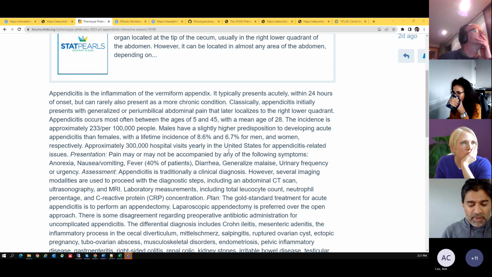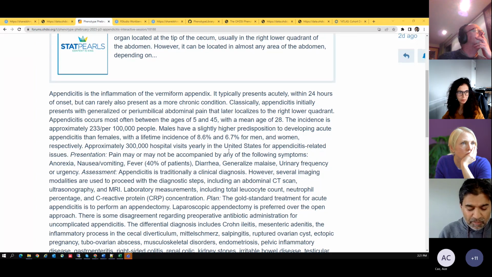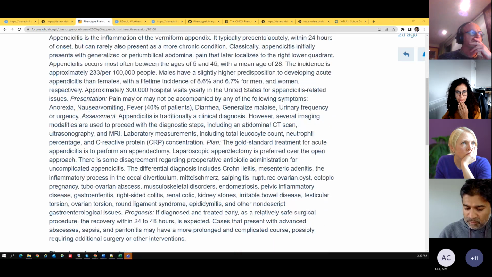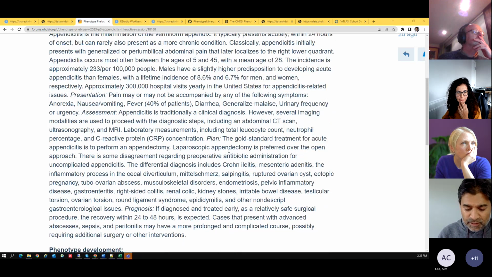The gold standard treatment is surgery, although in milder and questionable cases, an antibiotic may be dispensed. The most common presentation is what I described, but at the extremes there may be tenderness of the abdomen, all the way to a perforated appendix, which could be very severe. The most severe cases could be life-threatening and could cause death.